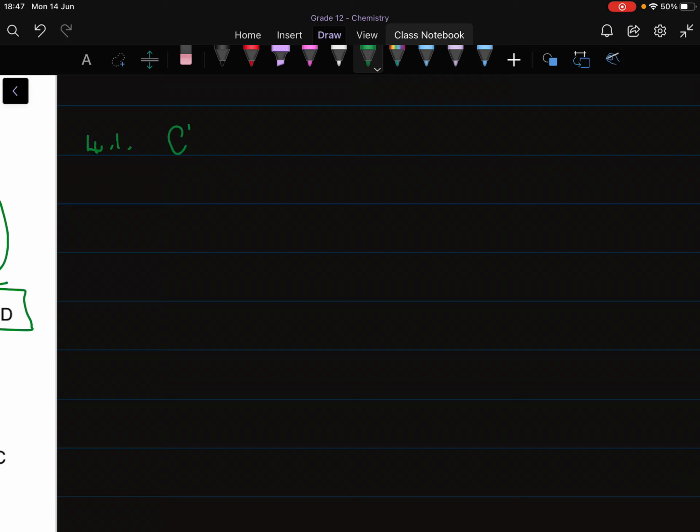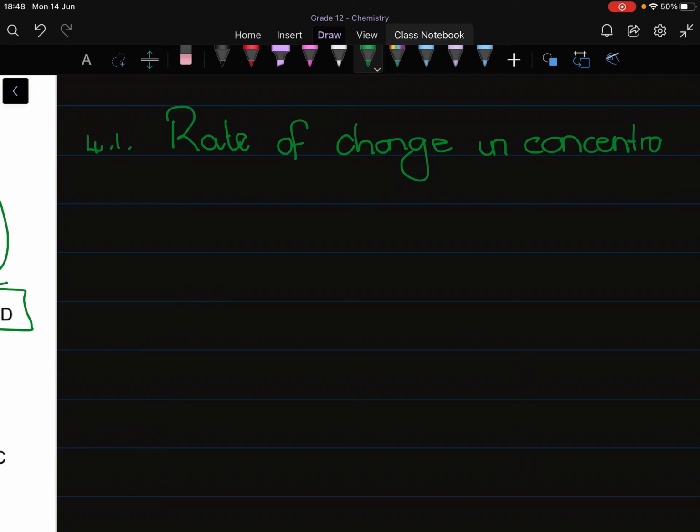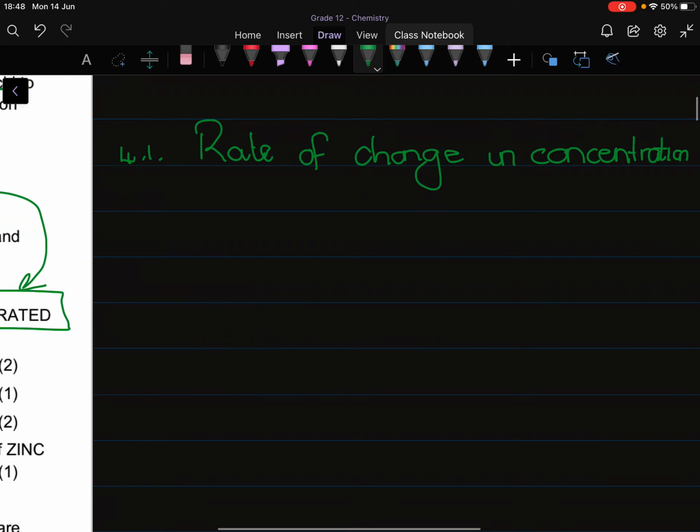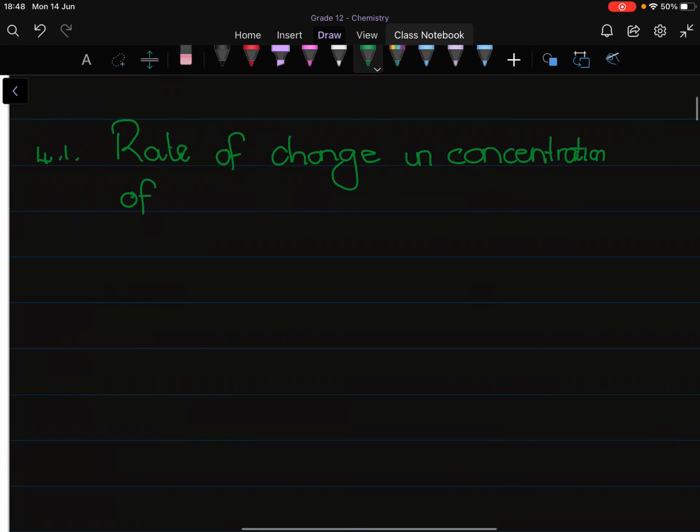So for 4.1, we would say it is the rate of change of concentration of reactants or products.